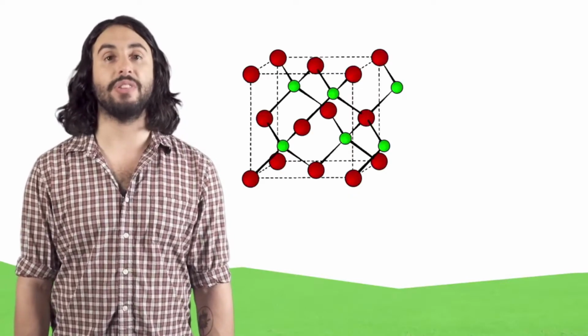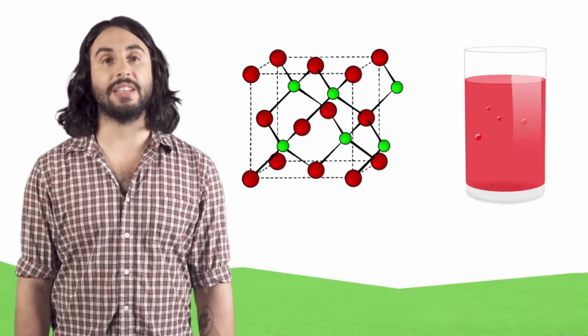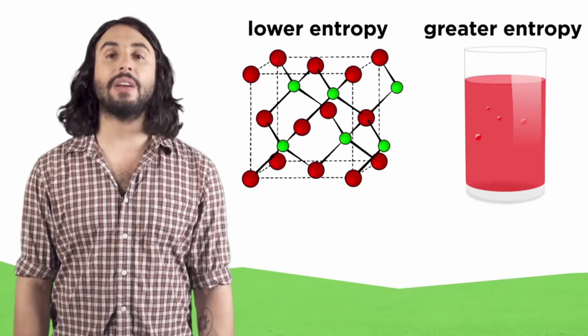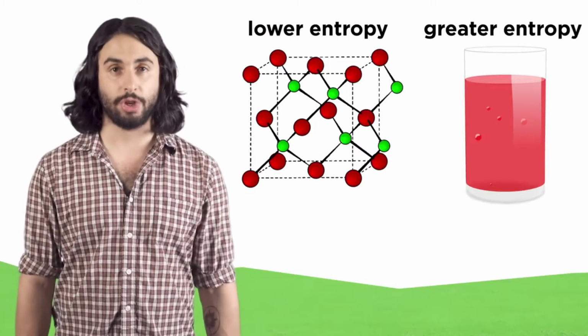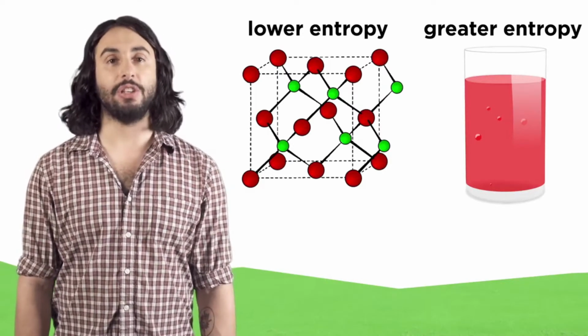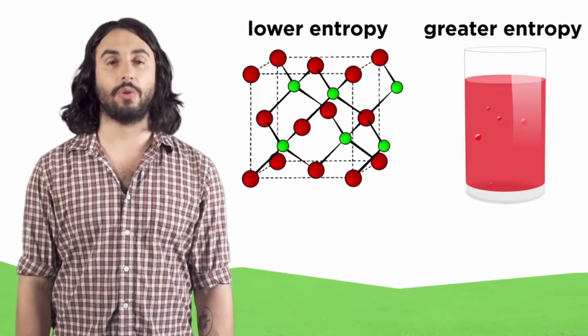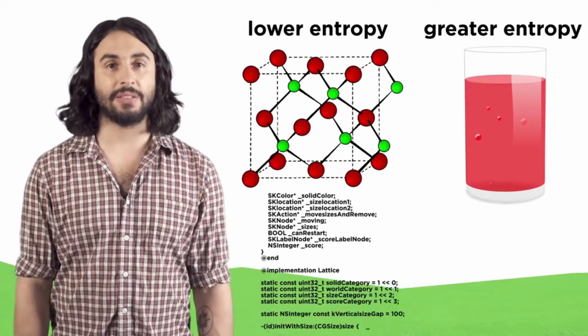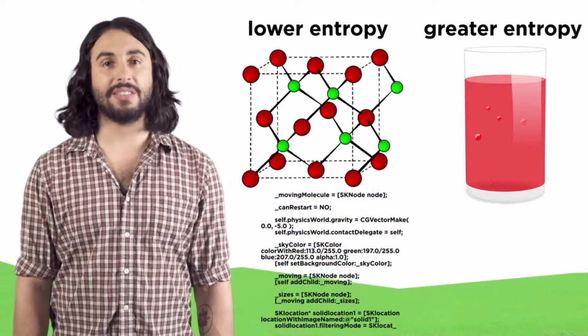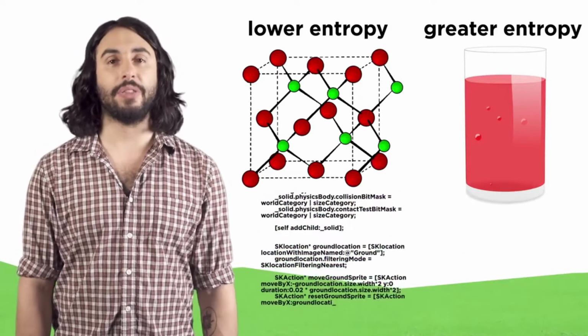Let's take, for example, an ionic solid compared to the same substance as a liquid. Clearly, the solid state is more ordered and the liquid state is more disordered or higher in entropy. To describe the solid state using computer code, you would need to include terms that describe the geometry of the lattice, the intermolecular distances, the precise configuration of every molecule, and many other things.